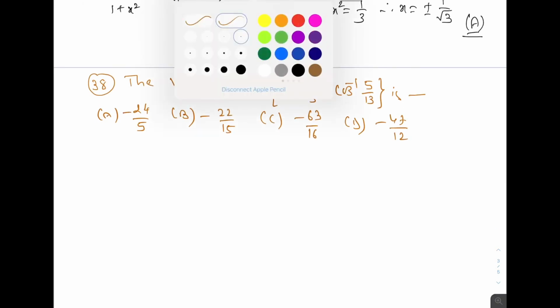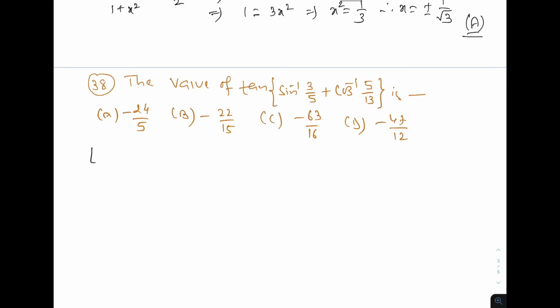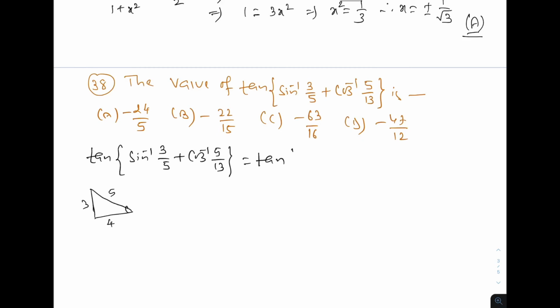Now tan of sine inverse 3 by 5 plus cos inverse 5 by 13. This we can write as tan of, now sine inverse 3 by 5, so this is a 3, 5, and so this is 4.